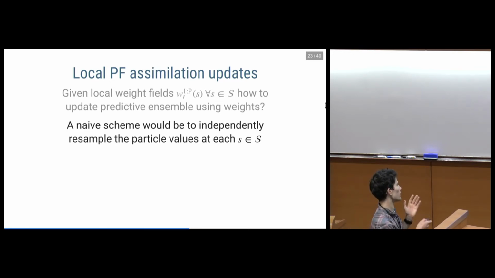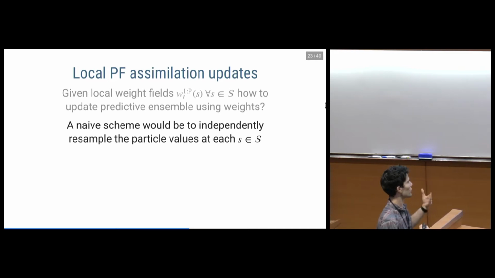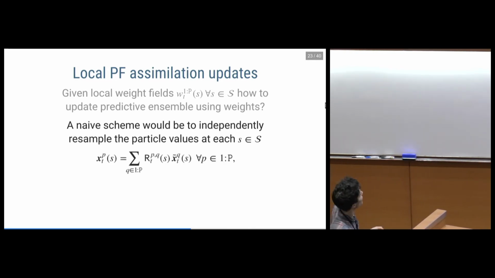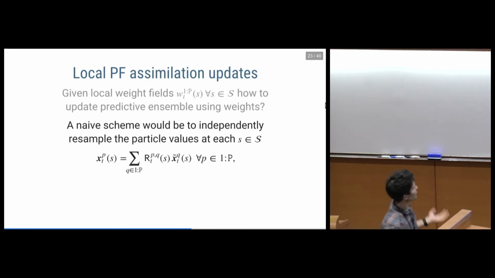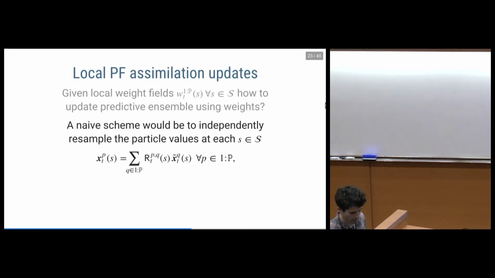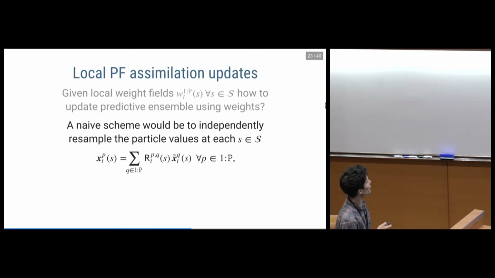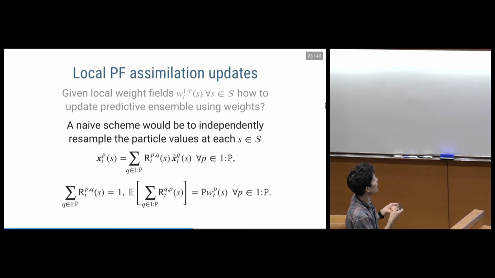The simplest idea that we could have, perhaps, is just to look at each individual spatial location. We're assuming here, as I said before, that S is in some sense finite. It's a grid of points, and so we could look at each individual S and then directly apply that resampling update that we had for the single particle case. So for each spatial location, we resample according to the weights calculated at that spatial location independently.